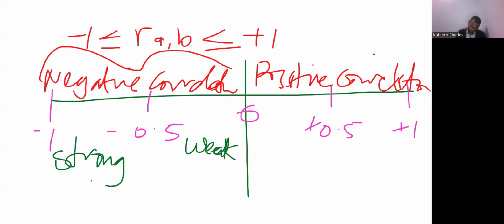Once it is in between 0 to 0.5, that is positive. It is a weak positive correlation. So if it is positive 0.5 to 1, then it is going to be a strong one. So it depends on the answers that you have gotten.